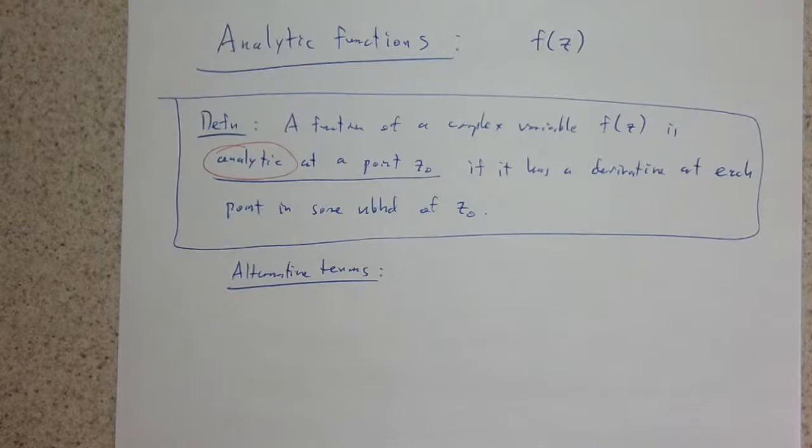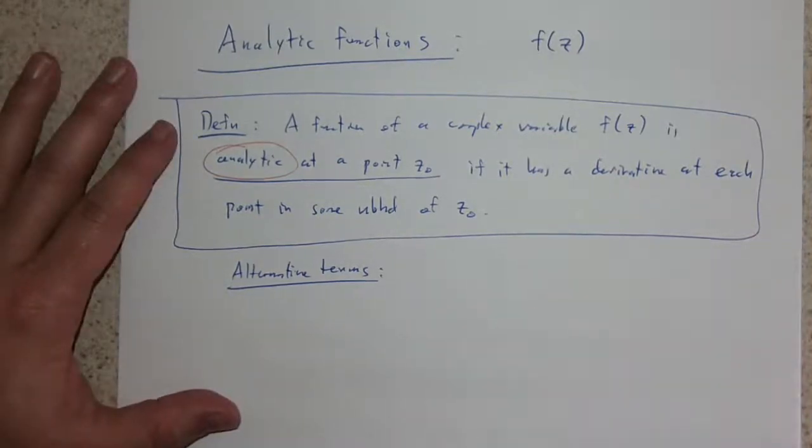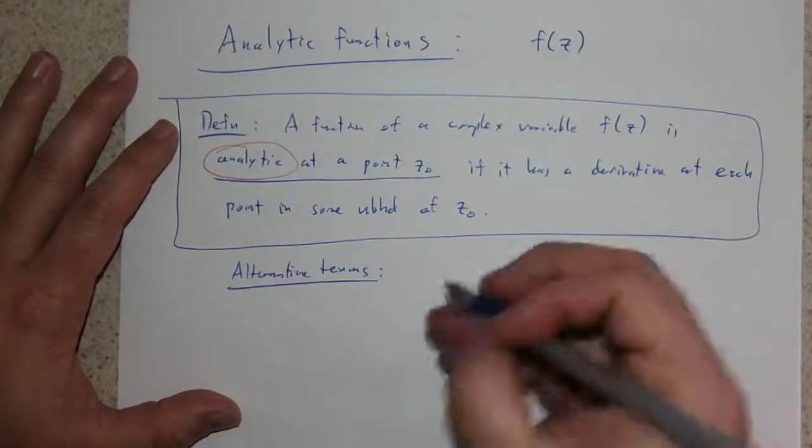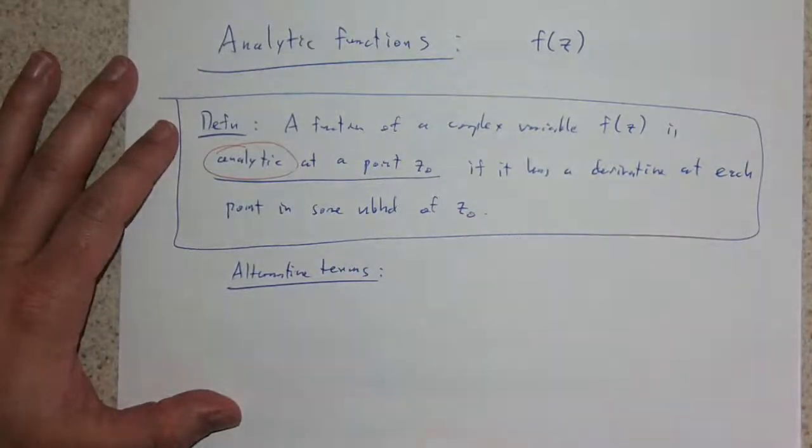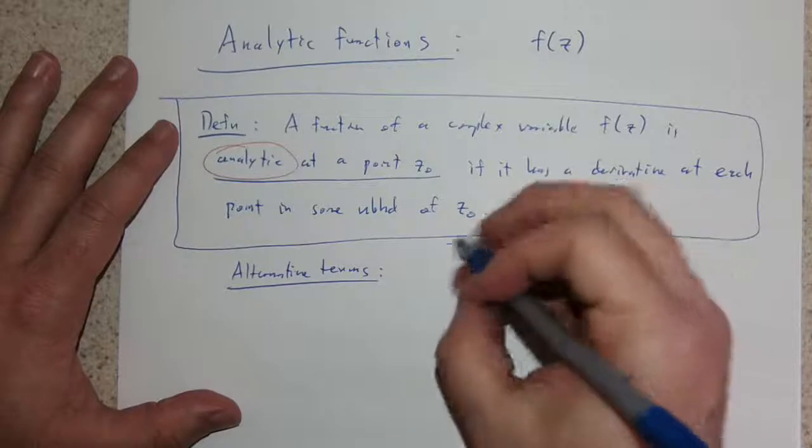If you have any experience with what analytic means for real valued functions, okay, and if I go ahead and spill the beans and tell you that this is what is meant, this same fact is actually true when we say analytic for complex valued functions, then already you might be amazed. But if not, then you can save your amazement for next time when I'll explain what that fully means. But alternative terms here is the notion of f being holomorphic at z0.